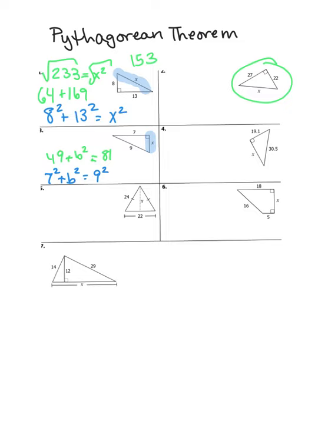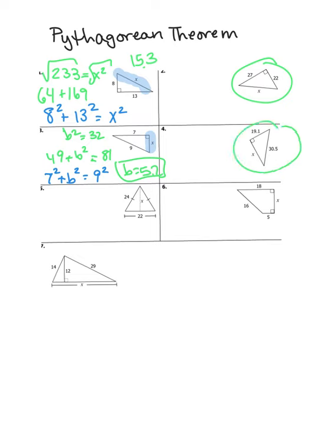Subtract 49 from 81 and I get B squared is equal to 32. Take the square root of 32 and I get B is equal to 5.7. Number 4 operates pretty much the same way.